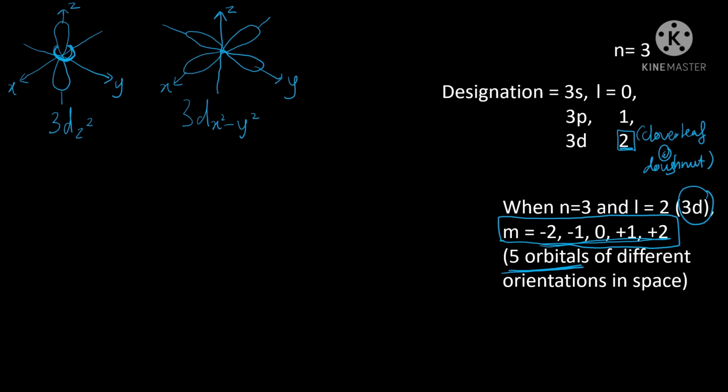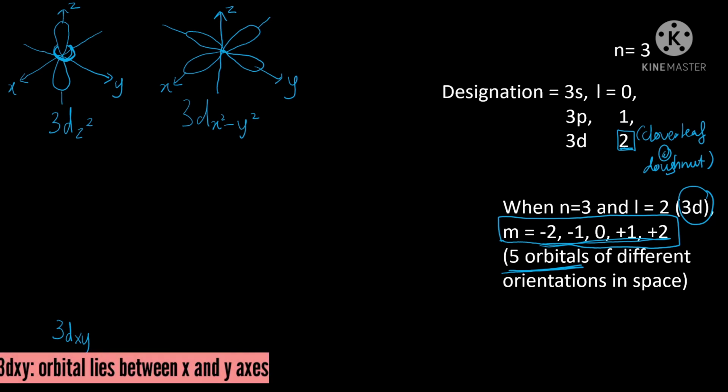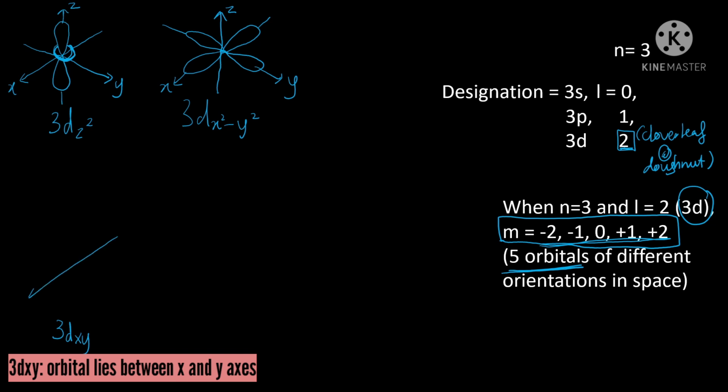And then we can draw 3dxy. For 3dxy, the cloverleaf orbitals lie between the x and y axis. So to draw it, first we draw the x and y axis. The orbital has the cloverleaf shape and lies between the x and y axis.